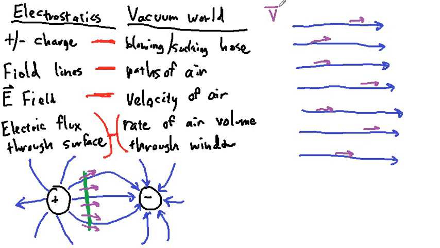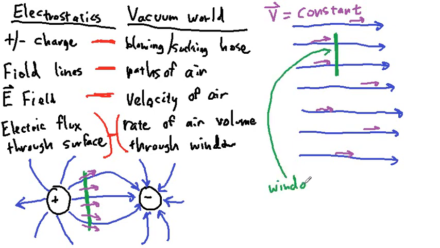These are like the flow lines, like the field lines we drew, and now I'm going to draw in little arrows that show the velocity of the air, and you can draw these anywhere. The point is, in this little sample, they're all the same direction, all the same volume. Velocity of the air is constant.